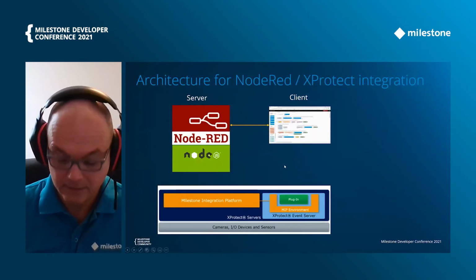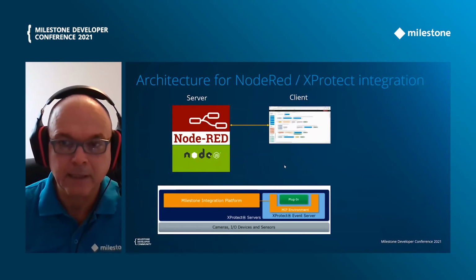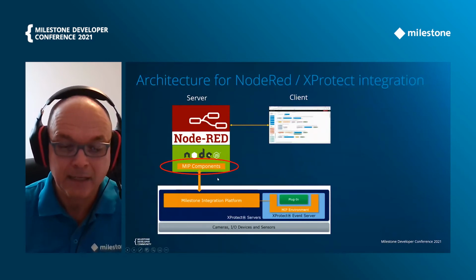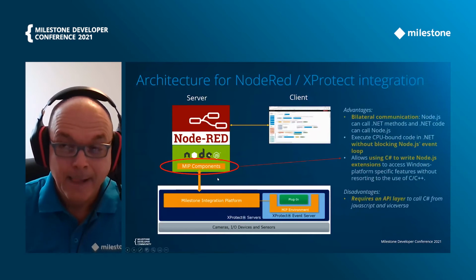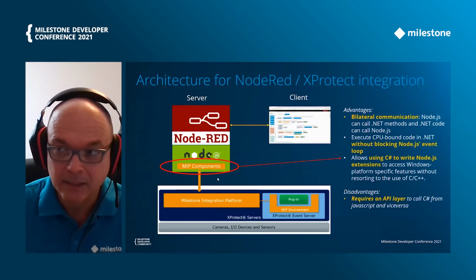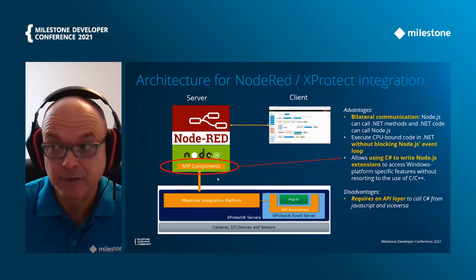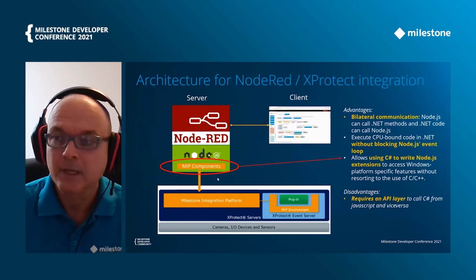How to integrate that? It would be perfect if we could write a MIP component that could link the two technologies, JavaScript and .NET, together, so that we could have bilateral communication, meaning that we could call Node.js from .NET and vice versa.